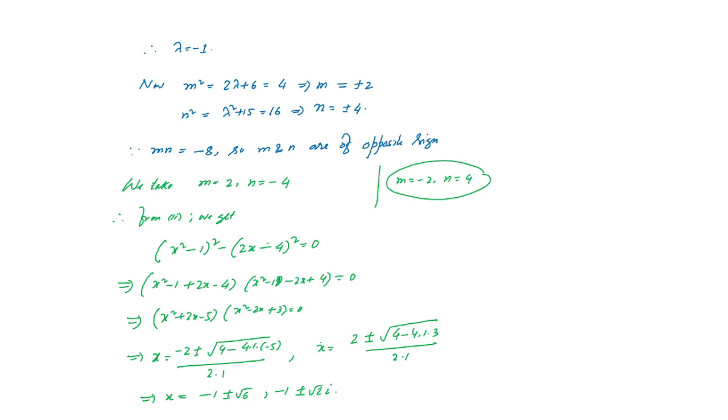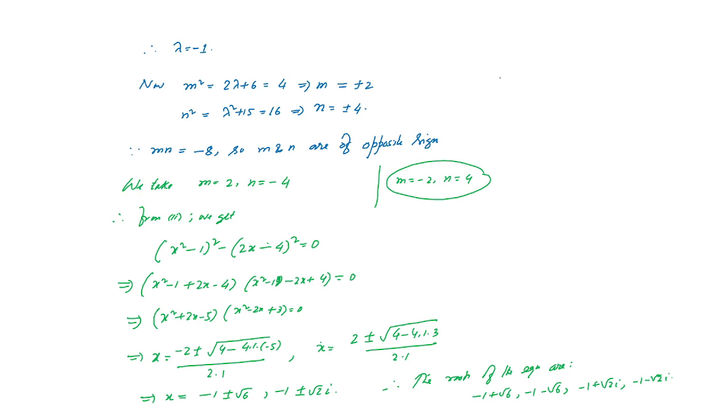So we get the solution. Therefore, the roots of the equation are -1 plus root 6, -1 minus root 6, -1 plus root 2i, and -1 minus root 2i.